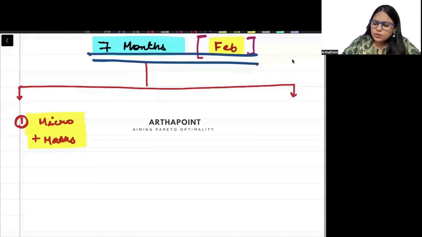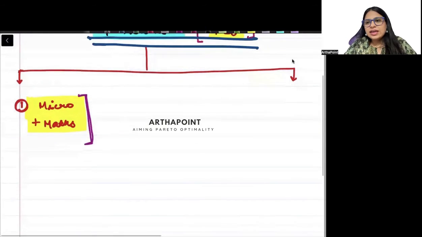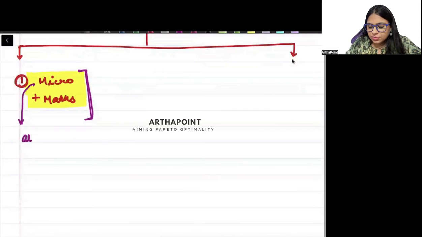So for any student who is starting the preparation, you do micro and maths and aim that you finish micro at least by the end of August.